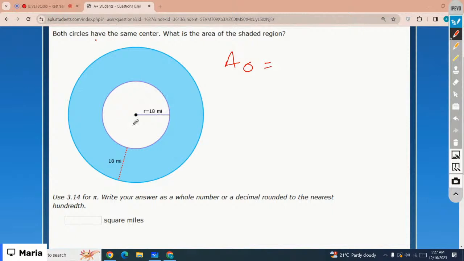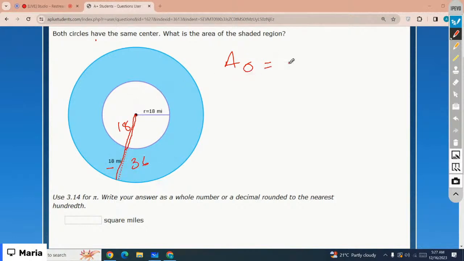If you see, both these circles have the same center, right? So for the outer circle, the radius is this one. This is 18 miles and this is 18 miles, because for the smaller circle it is 18 also. Larger one, 18 plus 18 is 36. So for the larger circle, the radius is 36.